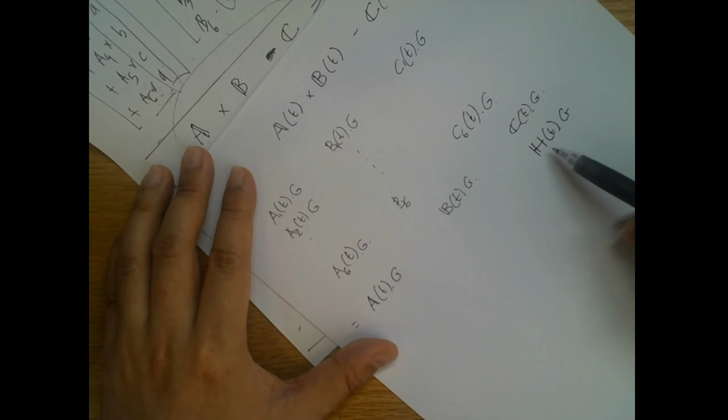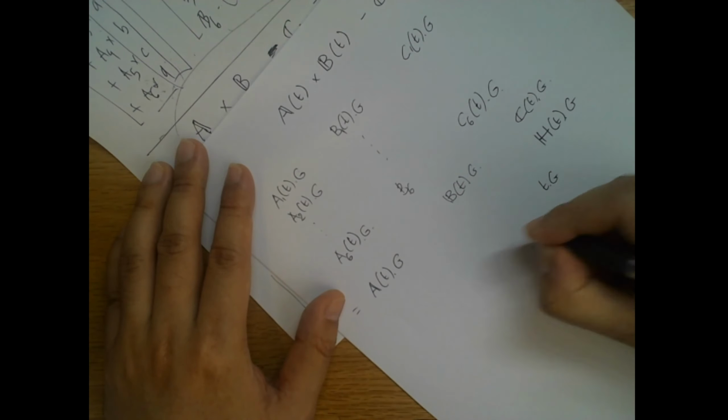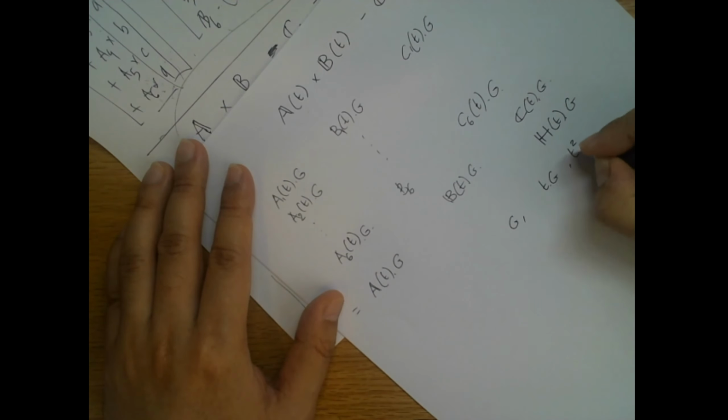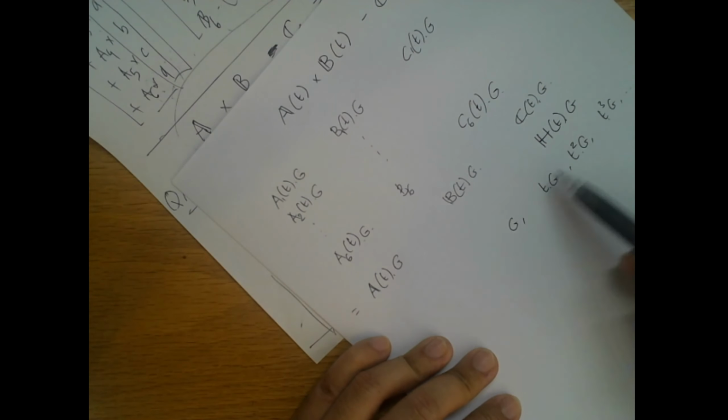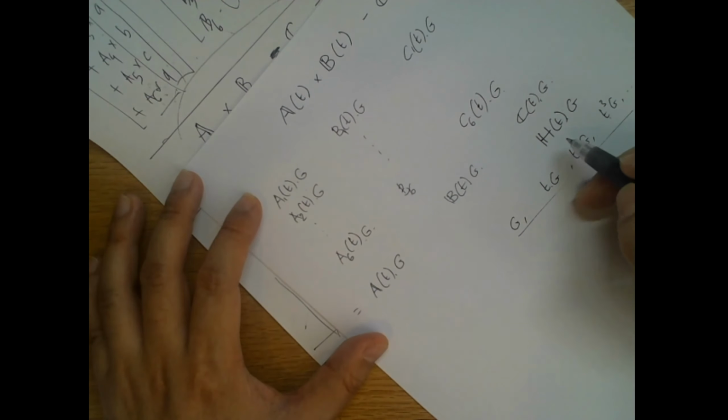So if you have G, tG, t2G, t3G, and then lots of them, then you can use these reference points to calculate a linear combination of them, and then you would have H of t times G, because H is actually also a linear combination of these guys, by the fact that it's a polynomial evaluated at t.